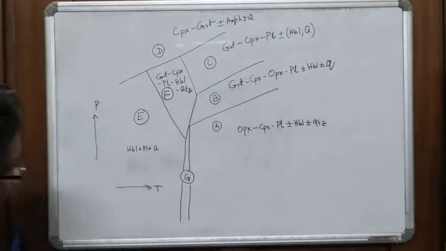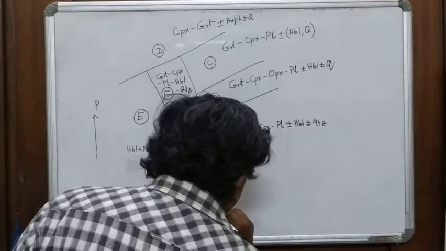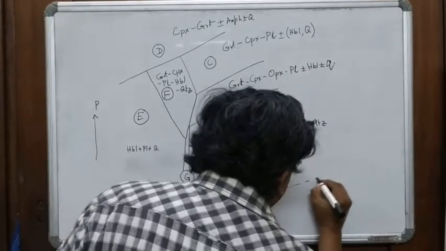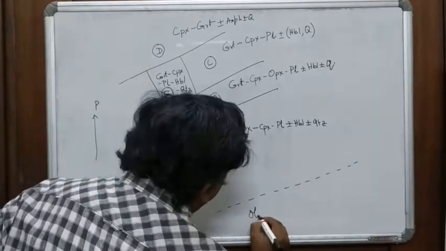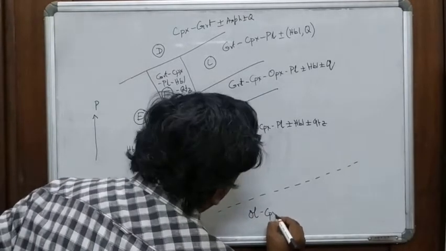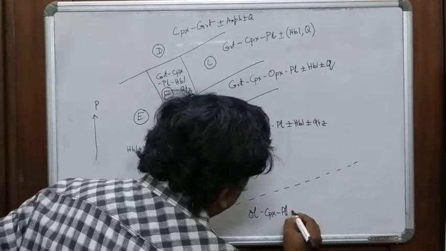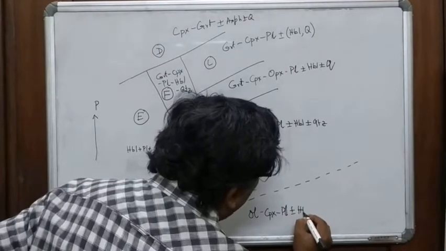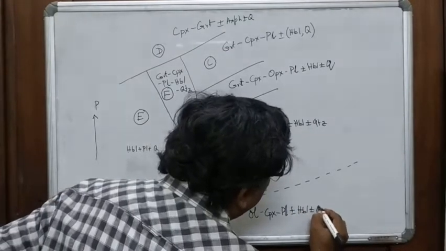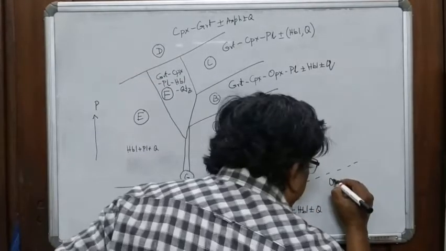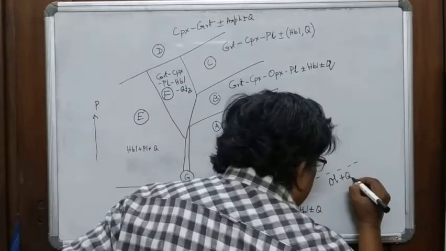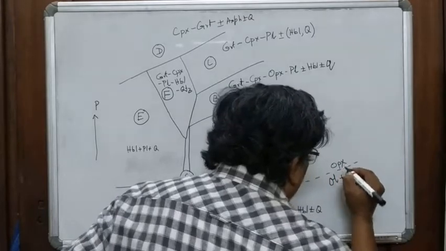There is another line that comes in here, and I will give this a breaking line, where you have olivine, clinopyroxene, plagioclase, plus minus hornblende, plus minus quartz. And here you have olivine, this reaction line, plus quartz is equal to orthopyroxene.